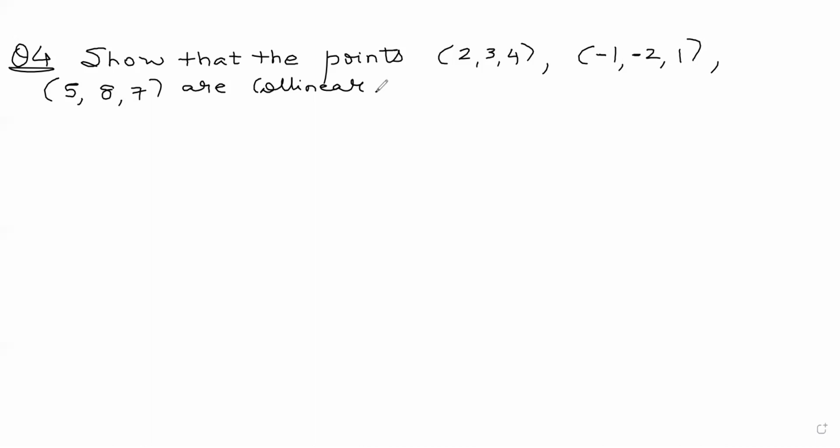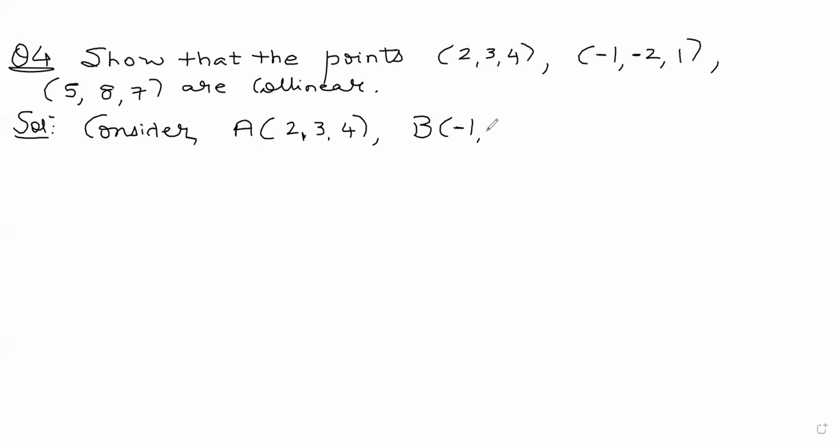But since now we are having lectures on 3-dimensional geometry, we will be using the concept of direction ratios and direction cosines to show that these 3 points are collinear. So I can say consider the 3 points. Point A is given by the coordinates 2, 3, 4. Point B is given by the coordinates minus 1, minus 2, 1. And point C is given by the coordinates 5, 8, 7. We are given these 3 points.